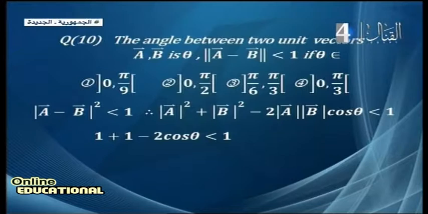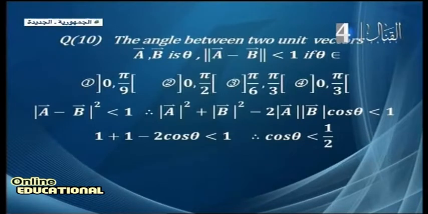Therefore, 1 plus 1, 2, minus 2 cosine theta is smaller than 1. By 2 common factor, cosine theta is smaller than 1 over 2. We know that 1 over 2 equals cosine what? Cosine 60 equals 1 over 2. Therefore, cosine theta is smaller than cosine 60, so theta is smaller than 60.